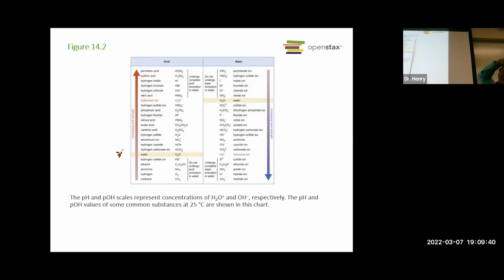So all of these guys below it are going to be more acidic, and all these guys above it are going to be more basic. But the thing is that these guys don't undergo acid ionization, right?